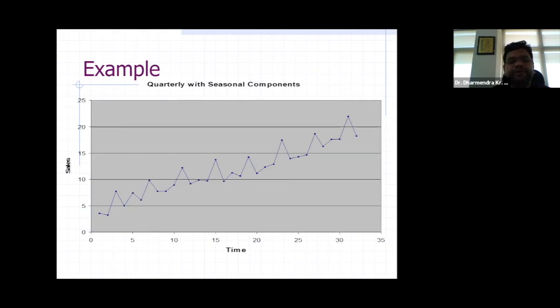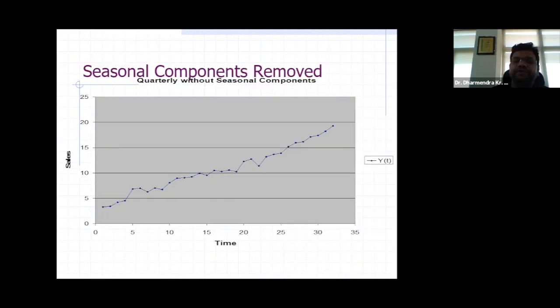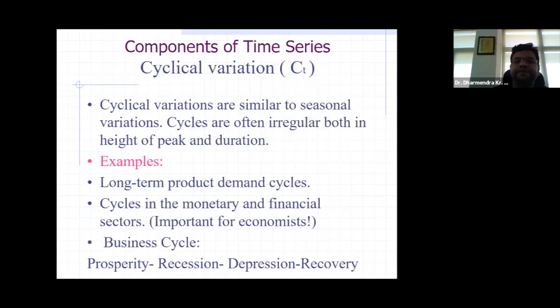If you are talking about the quarterly sales of a particular commodity like umbrellas or woolen cloths, then the graph of the seasonal component will be like this. It is not a straight line or any curve. It will be ups and downs. So these are seasonal components, if we remove them from our data.